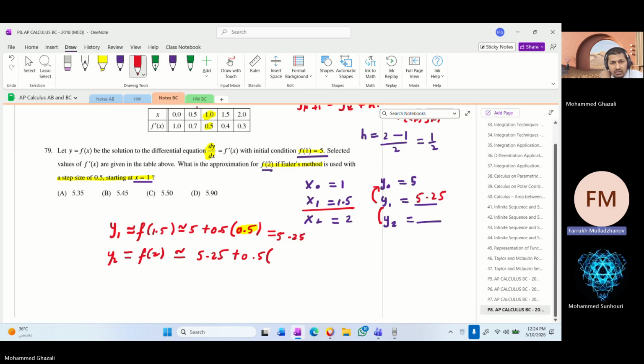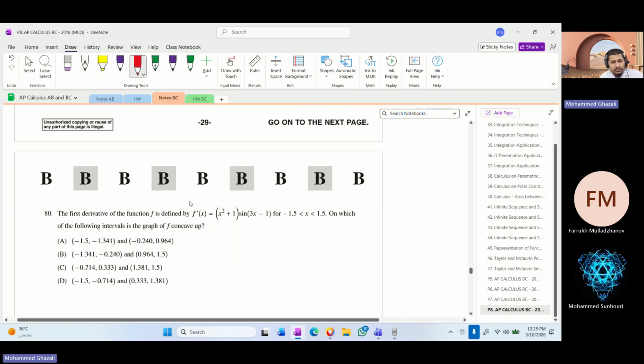So it's 0.4, and half of 0.4 is 0.2. So 0.2 plus 5.25 is 5.45. I didn't even need a calculator for this. Let's move on to the next problem.